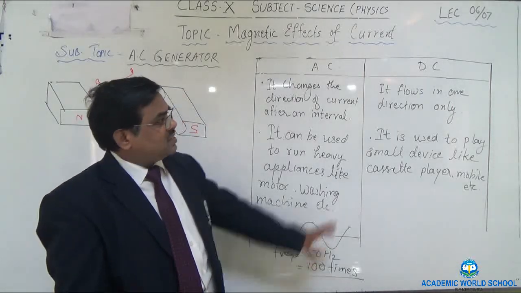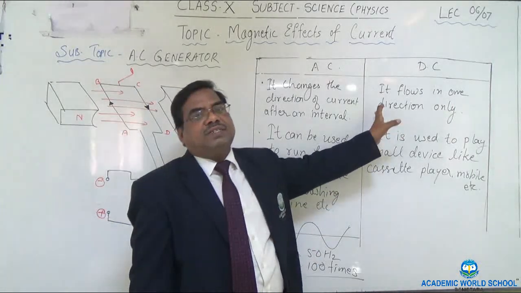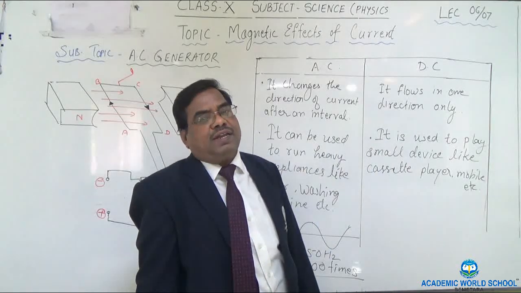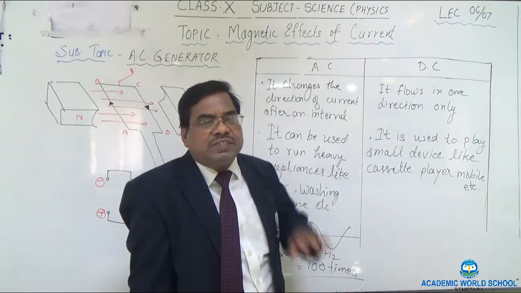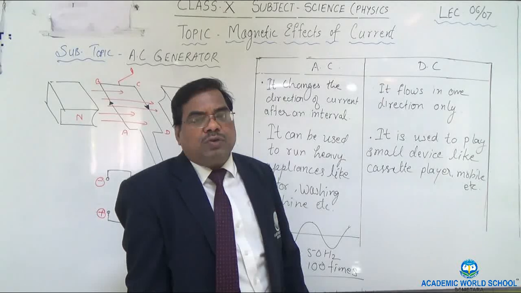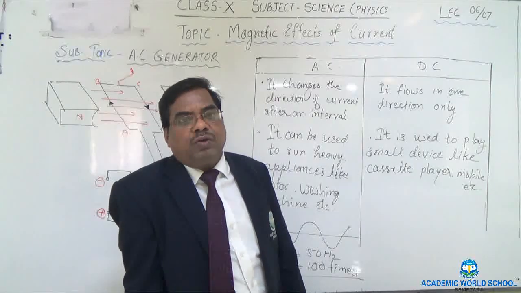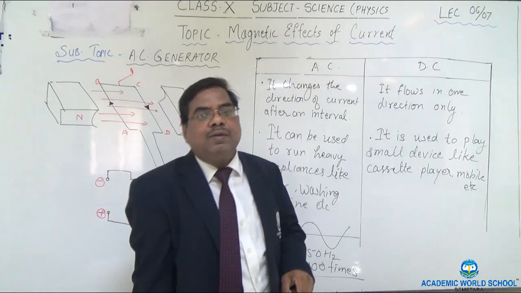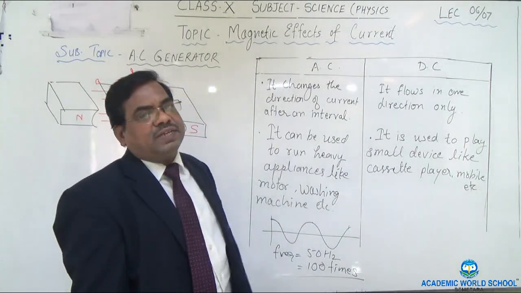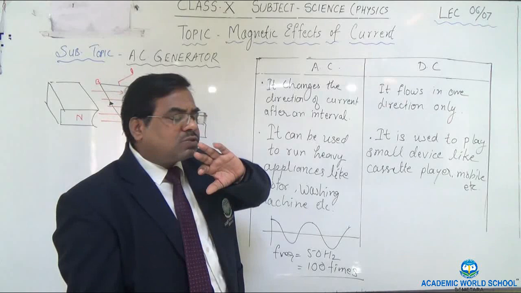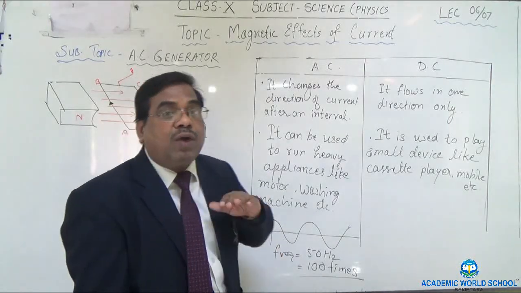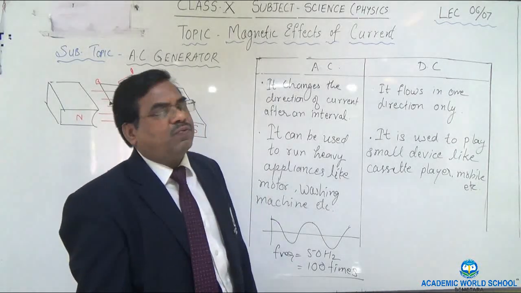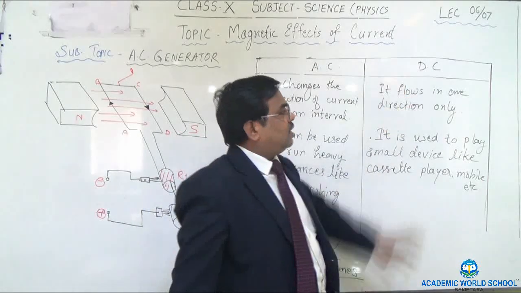Whereas the DC doesn't change the direction. The direction of DC remains fixed. You are using it in your wall clock. You see where is the plus and minus, and then you insert the cell. So when you insert the cell, it constantly gives current in one direction only. That type of current is called direct current.